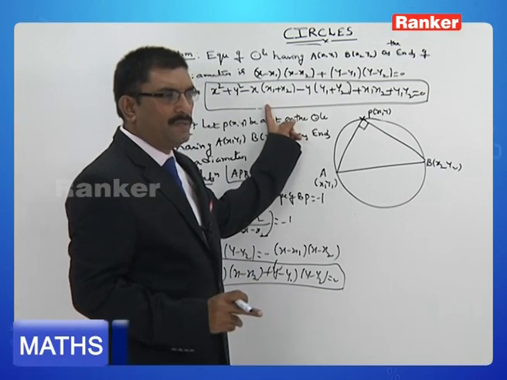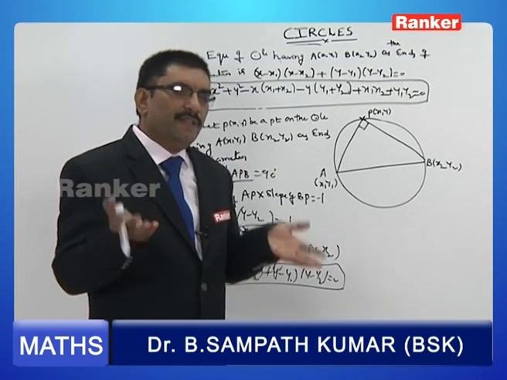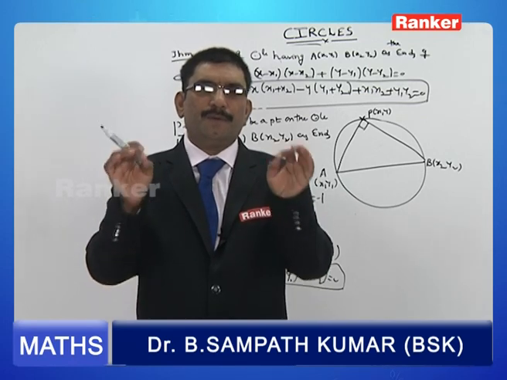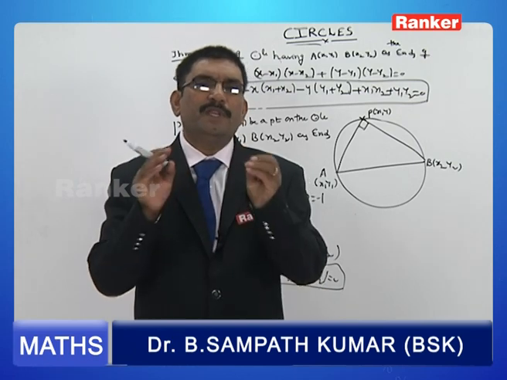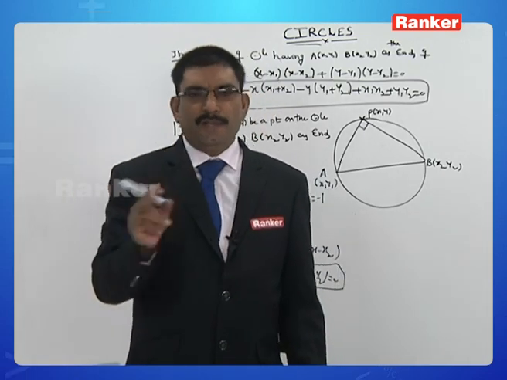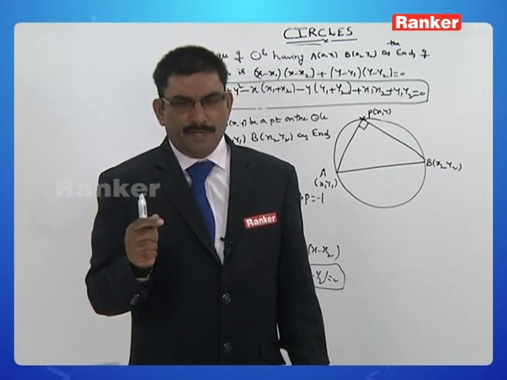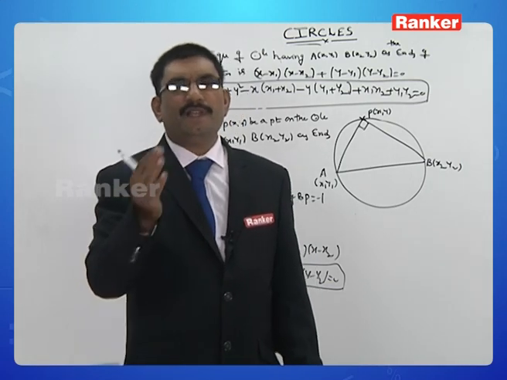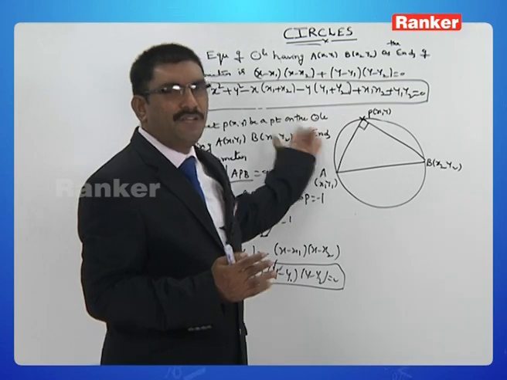This same question can also be asked in the examination as: find the equation of a circle passing through x1 comma y1 and x2 comma y2 and having minimum area or least radius. Nevertheless, this equation represents a circle having a minimum area or least radius.